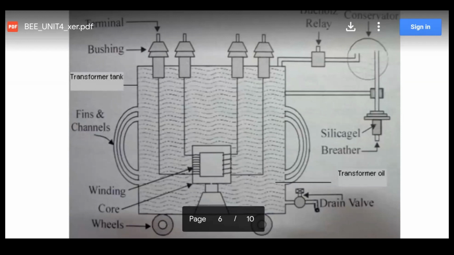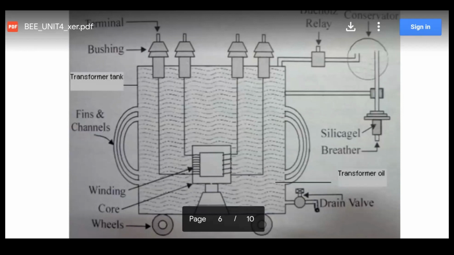Okay, what are the properties of the transformer oil? What is the role of the transformer oil, what is the capacity of the transformer oil, and how is the movement of the transformer oil governed? Now we will learn all these things. So first of all, the role of the transformer oil.